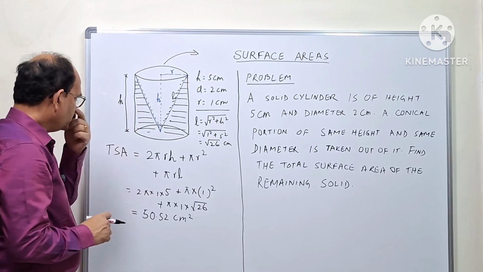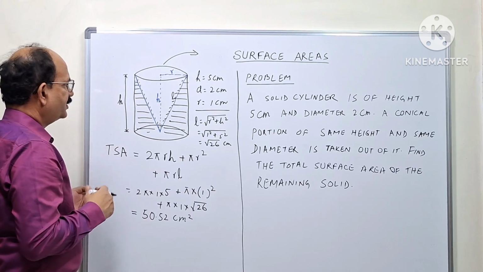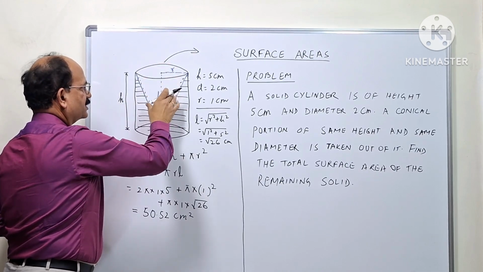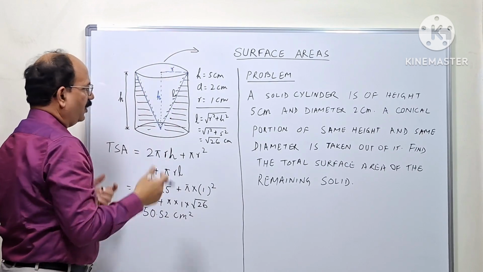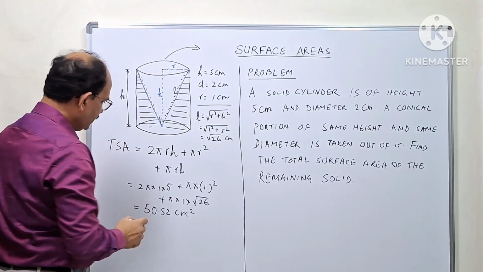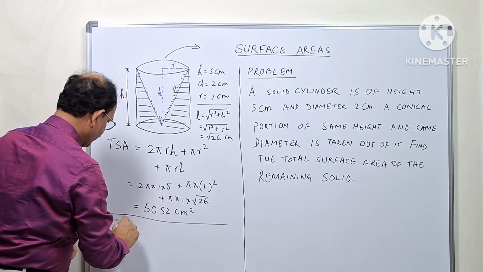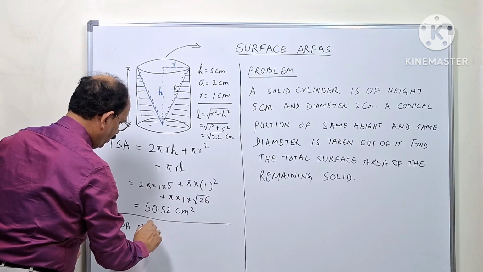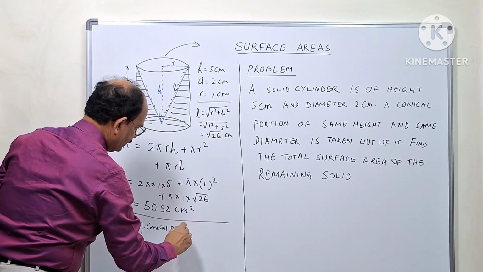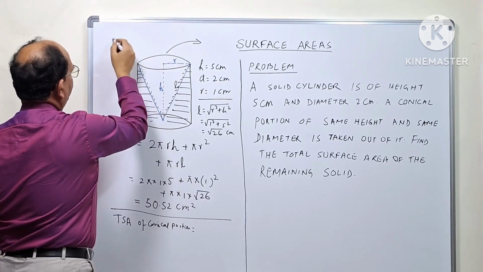Okay. Now suppose, rather than putting the question this way, the question is asked that this conical shape solid is taken out from the cylinder, and what will be the surface area of this conical shape solid? Then your answer would be the total surface area of the conical portion, that will be pi r L. You have taken out the cone, so I'm just drawing this figure.